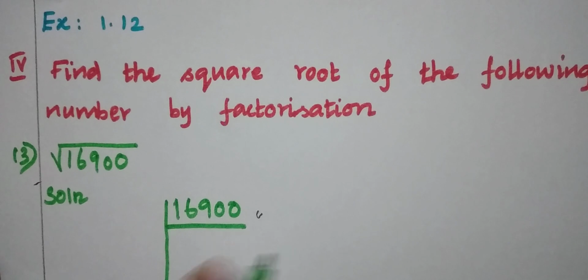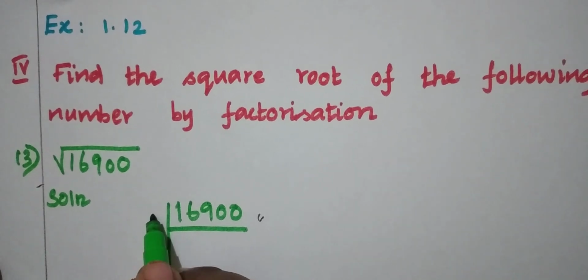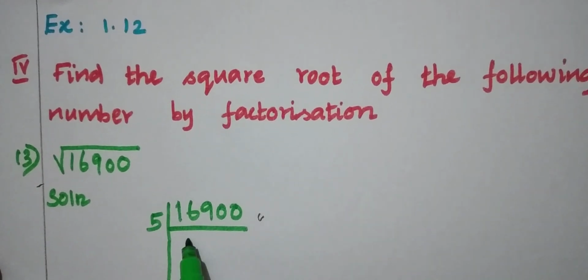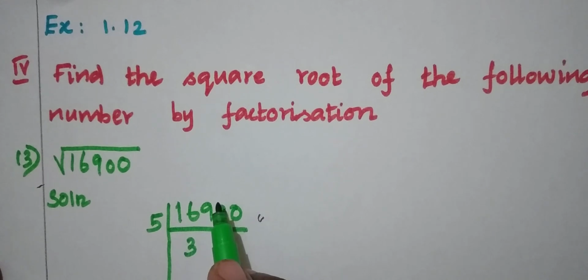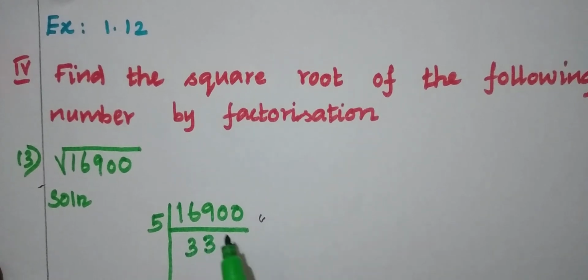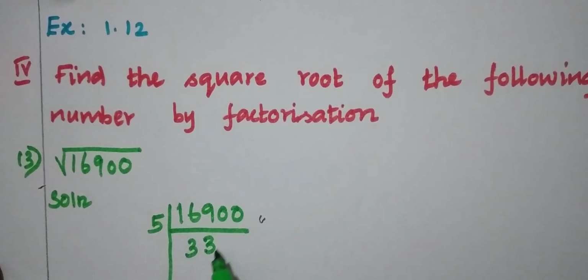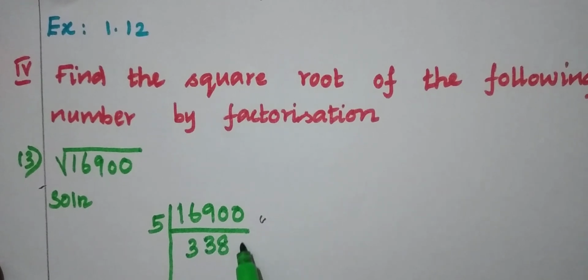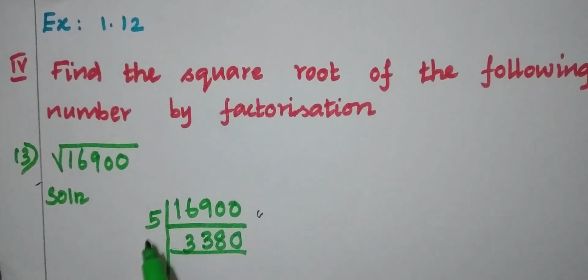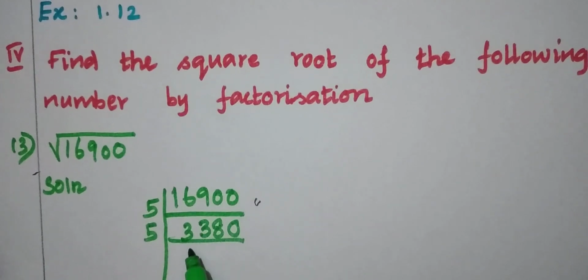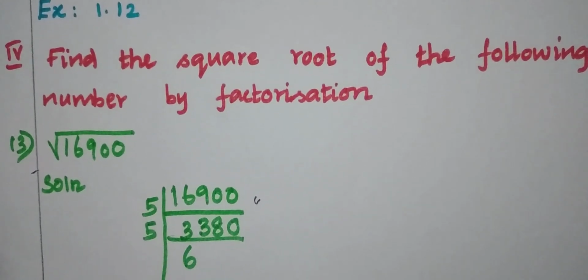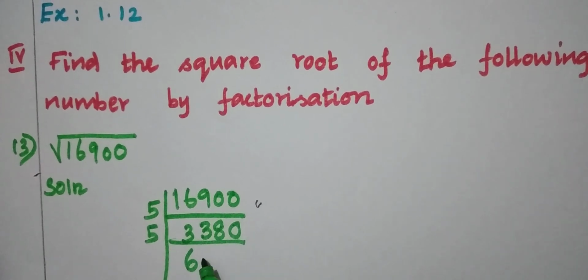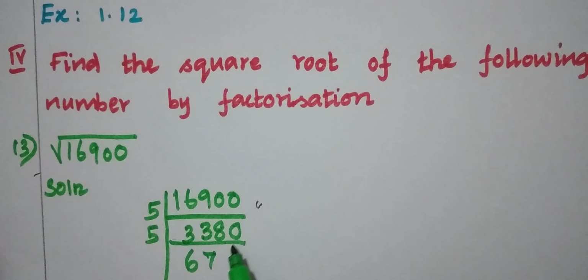So this number ends with 0, so we can start with 5 tables. 3 5s are 15, remaining 1, again 3 5s are 15, remaining 4, 8 5s are 40, and bring this 0 down. Again do it with 5 tables. 6 5s are 30, remaining 3, 38 will be there. 7 5s are 35, remaining 3, 30, 6 5s are 30.